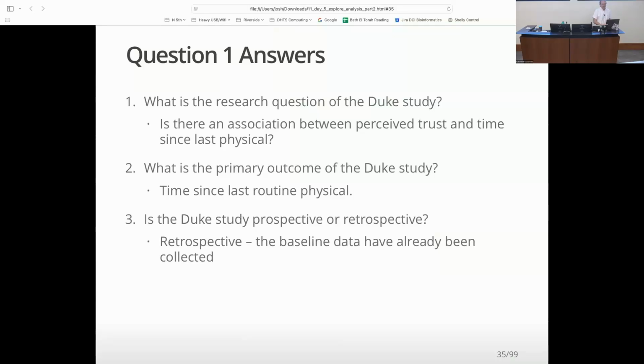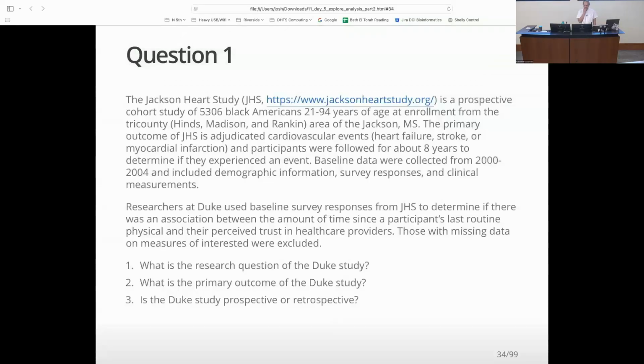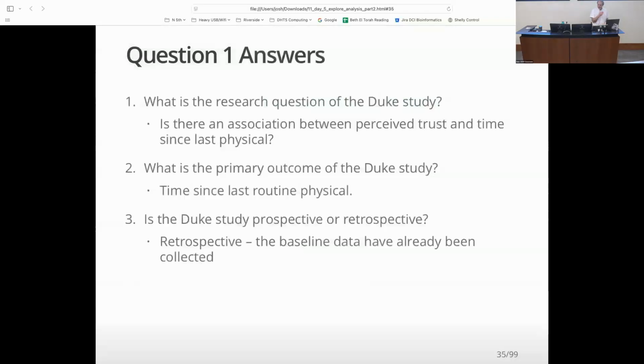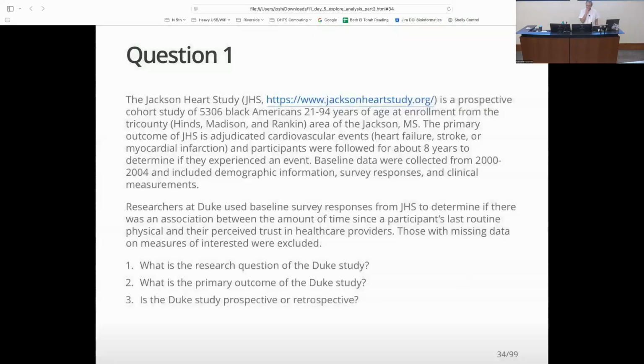Yeah, I also thought the outcome was trust in healthcare providers. It's a good question. I think the outcome that they're measuring is, let me think about this.